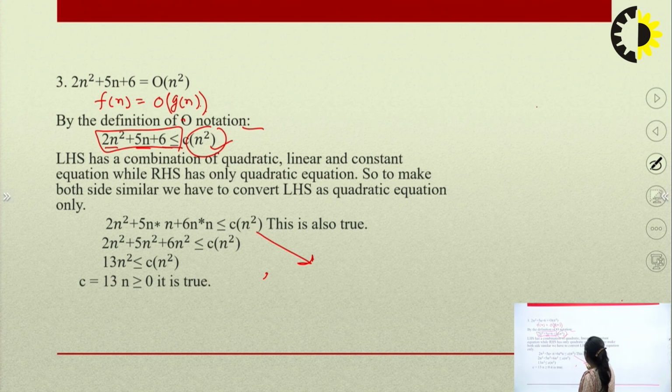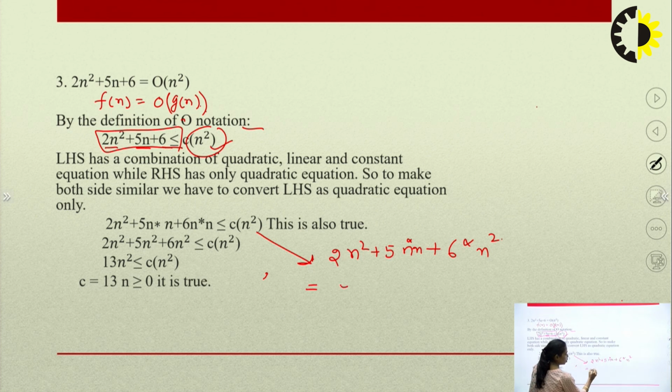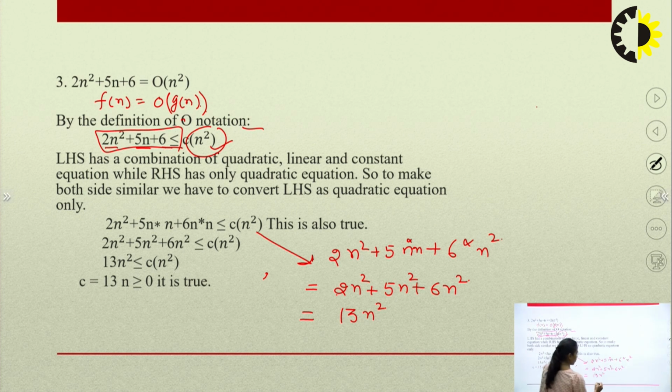We take 2n square plus 5n plus 6 and multiply by n as required, in this term and in this term, and the total becomes 2n square plus 5n square plus 6n square, and the total value is 2 plus 5 is 7, 7 plus 6 is 13 of n square. Fine.